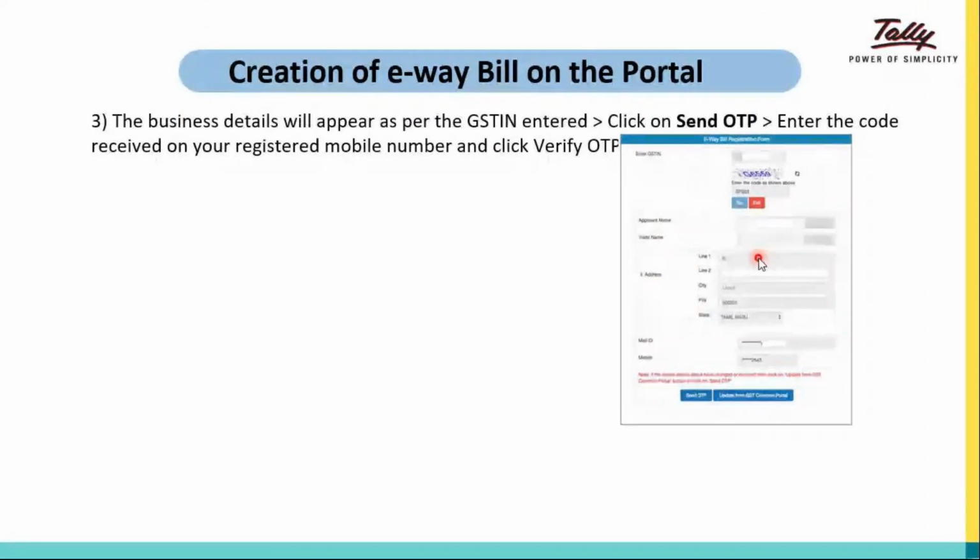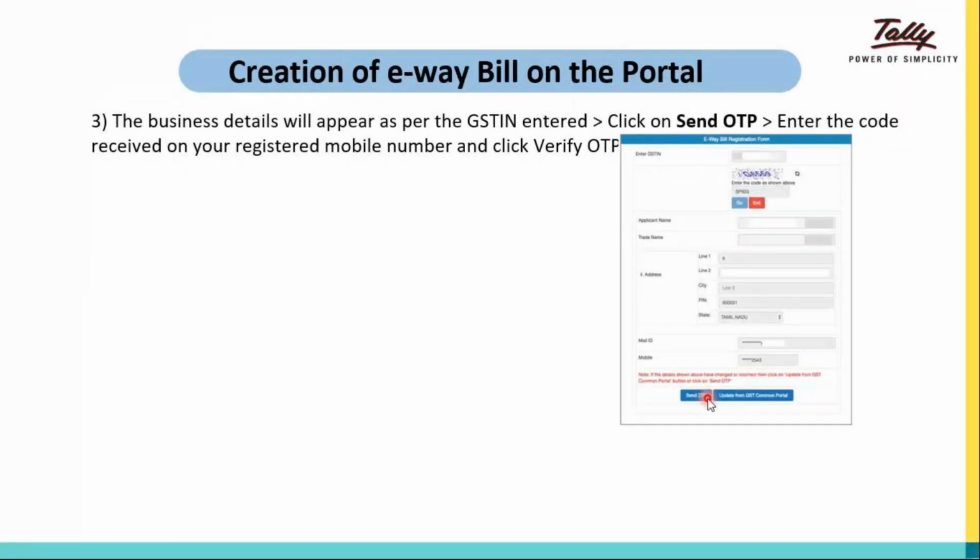All these would have been recorded while you were registering under the GST department. So as soon as you enter the registration number, all these details will be captured automatically. You can cross verify them once again, and then you can click on the option which says send OTP.